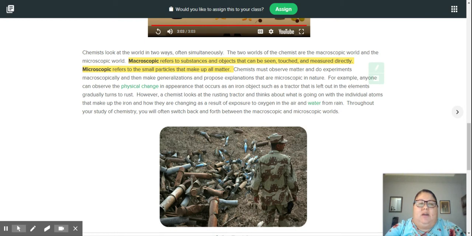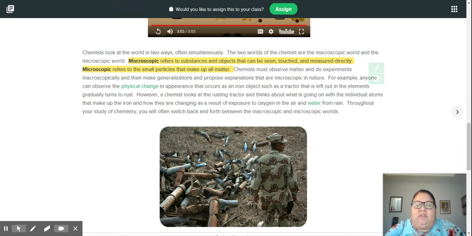Chemists must observe matter and do experiments macroscopically and then make generalizations and propose explanations that are microscopic in nature. For example, anyone can observe the physical change in appearance that occurs as an iron object, such as a tractor left out in the elements, gradually turns to rust. However, a chemist looks at the rusting tractor and thinks about what's going on with the individual atoms that make up the iron.